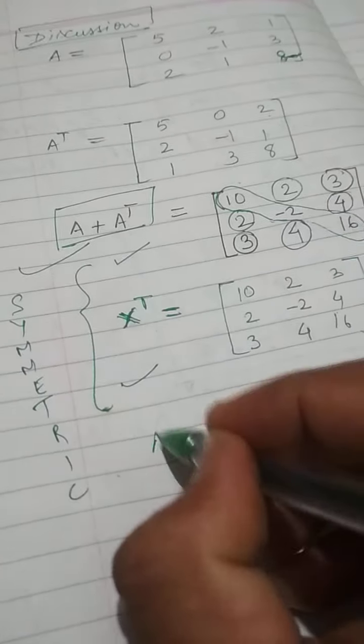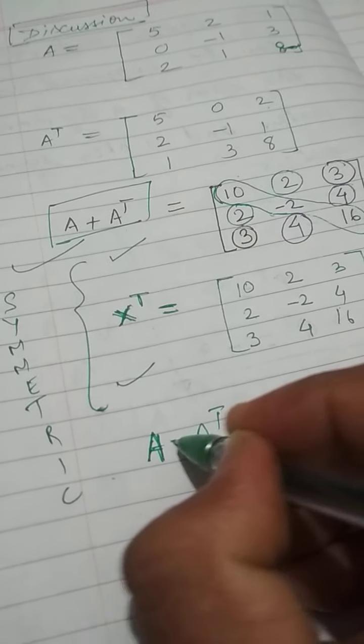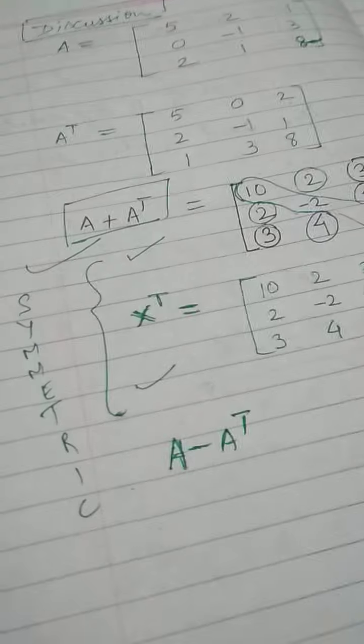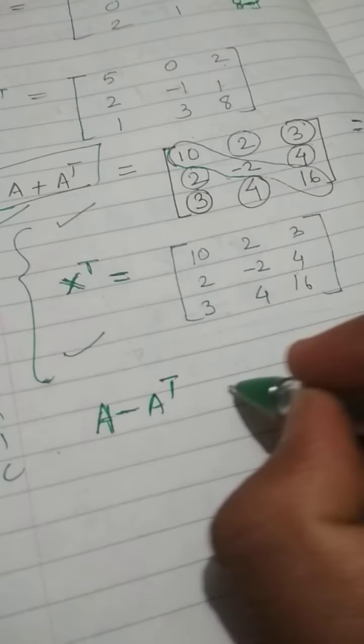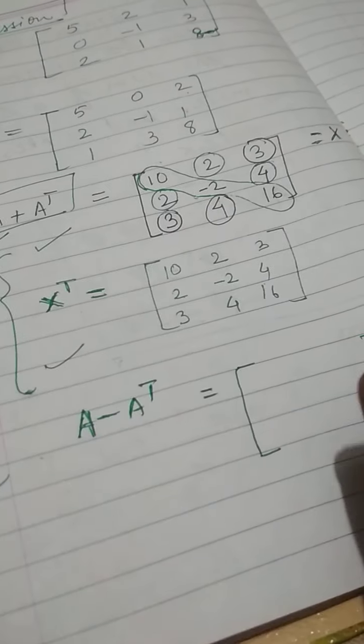Now what is A minus A transpose? Simply you have to subtract the corresponding elements.